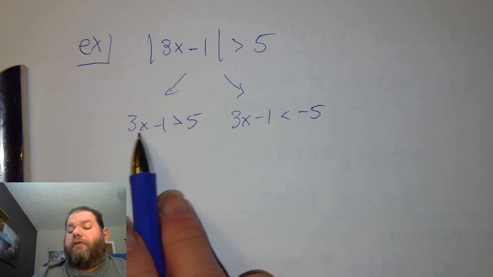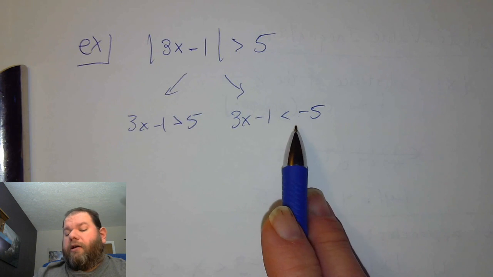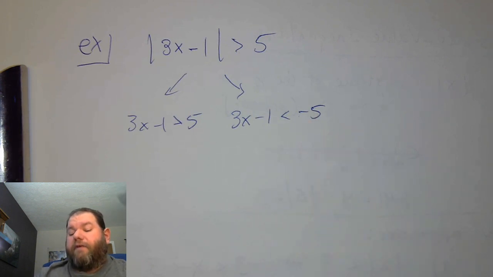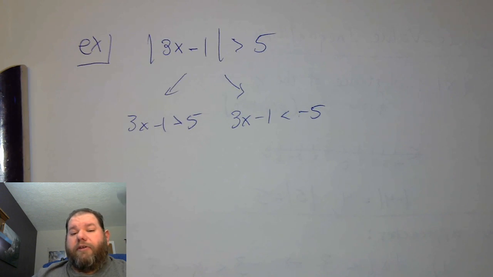So either 3x minus 1 is greater than 5, or 3x minus 1 is less than negative 5. That's always the trickiest thing, I think, is working with absolute value and inequalities at the same time.